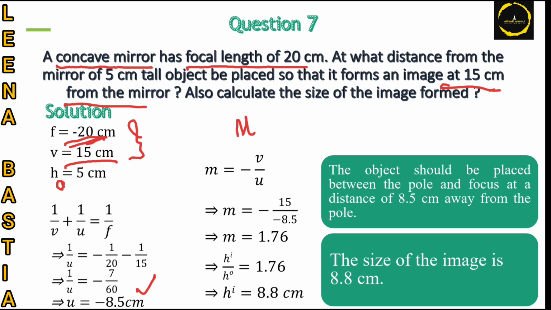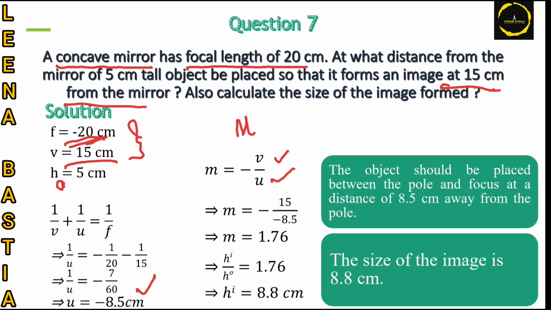pole. Okay, so here just see the object we got, because the focal length is 20 centimeter, the object distance we got is 8.5. From that value we come to know that the object is in between pole and focus. And now we can find the value it is asking for, the size. So first we have to calculate magnification m, because we know the values of v and u only right now.